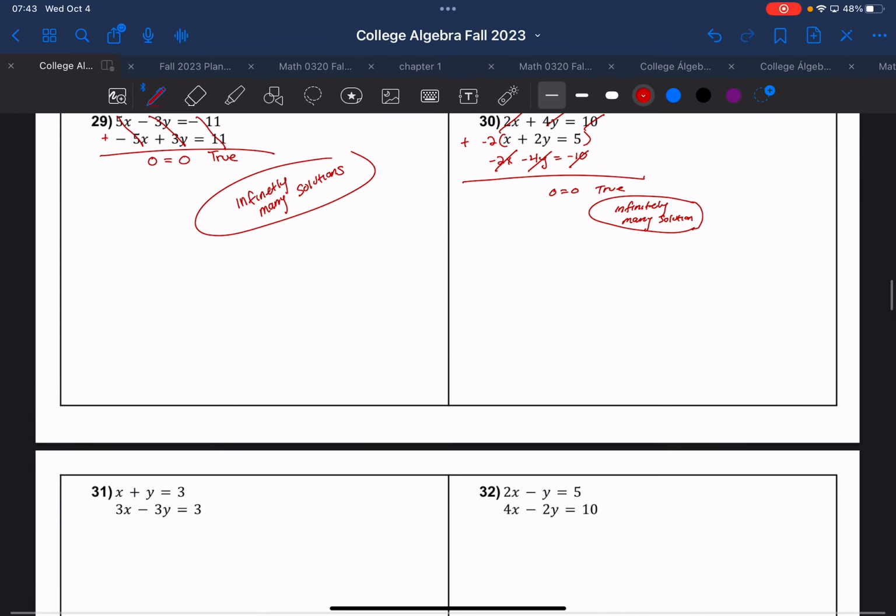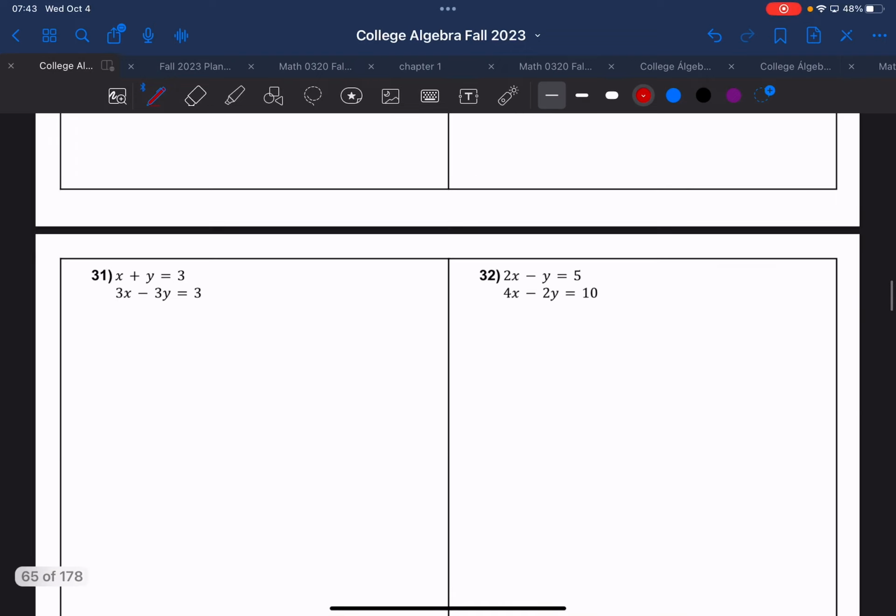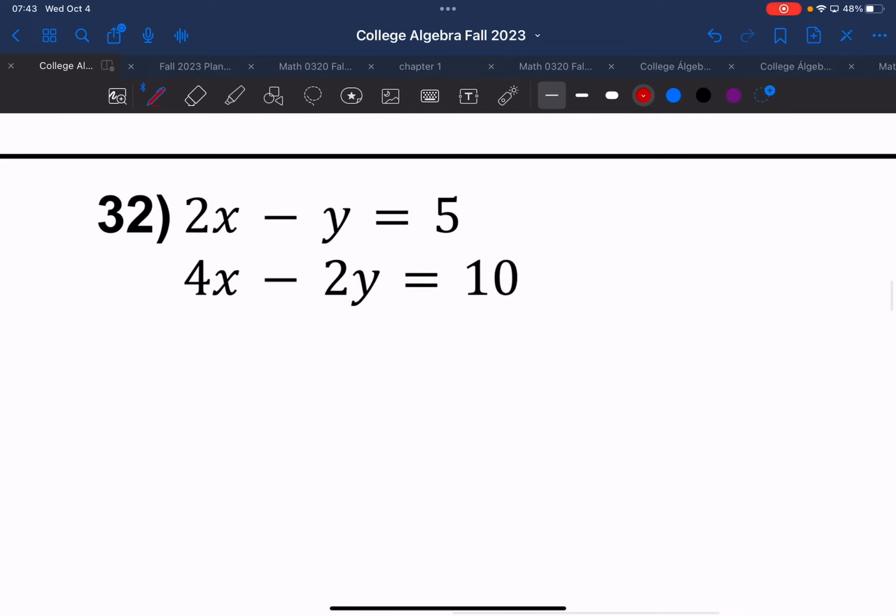Even in this one too, what would be the answer to 32? Would you multiply the top by 2? By negative 2, right? Because we want them to have opposite signs. And this would also be one where we get 0 equals 0.